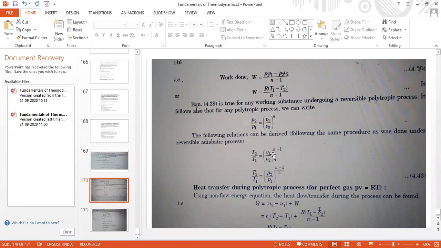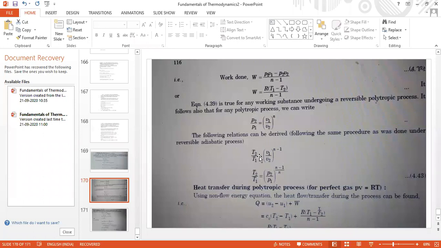That equation is avoided here. Substituting the value of P2 by P1, we get T2 by T1 as (V1 by V2)^(n minus 1).